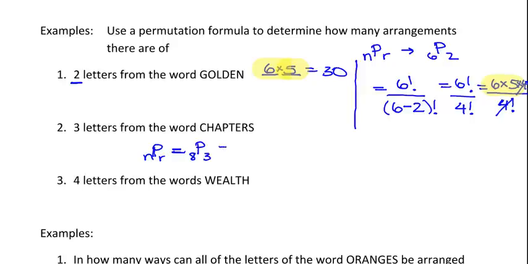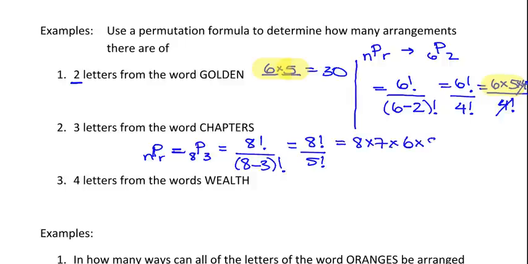So this is 8 factorial over 8 minus 3 factorial. So this is 8 factorial over 5 factorial, which is 8 times 7 times 6 times 5 factorial over 5 factorial. 5 factorials cancel, and I'm left with 8 times 7 times 6, which is 336. I actually have them worked out today.